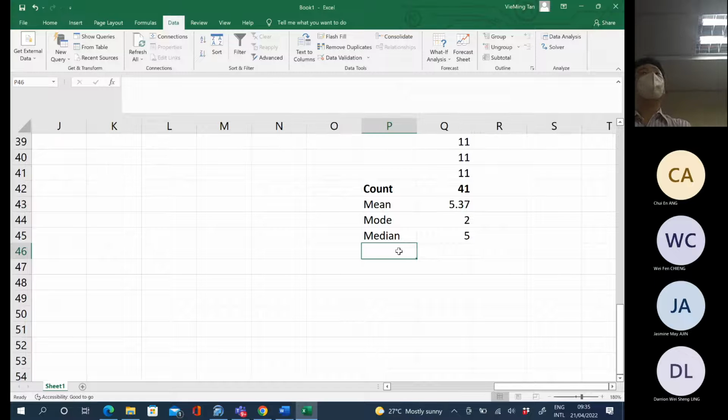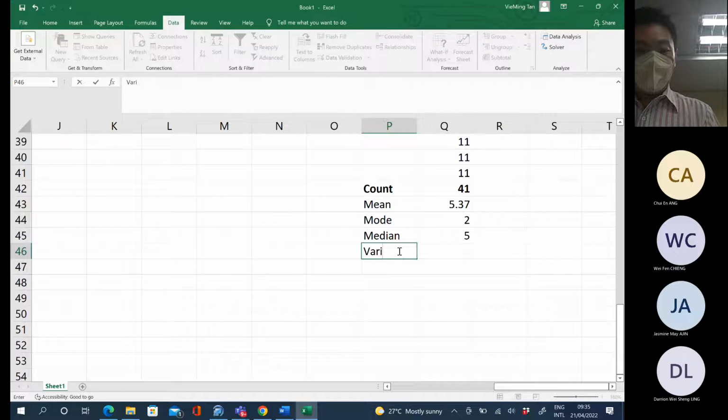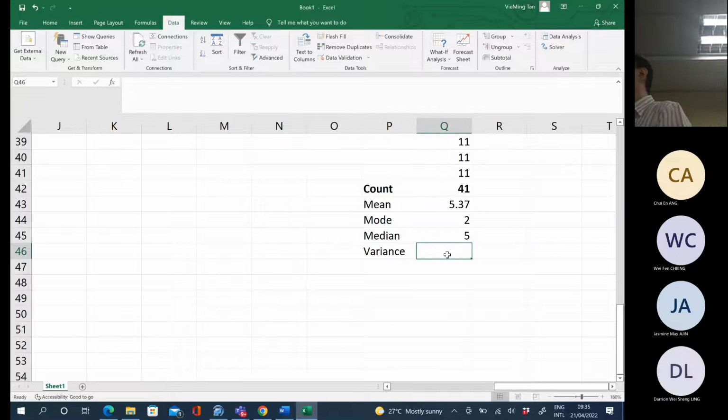Then the next measurement will be variance. If you refer to your project, you are going to collect 50 data. So these 50 data are considered as a sample. Why only a sample? Because you only collect part of the data from the whole population.